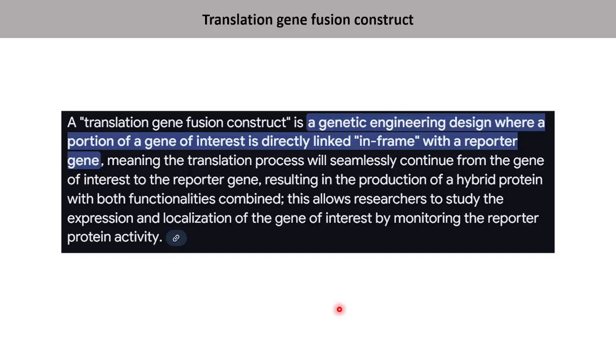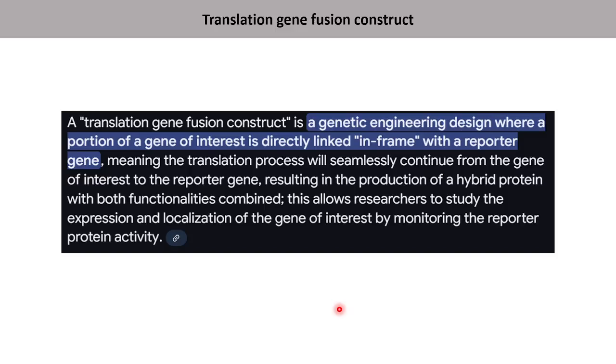That is why it is said that the translational process will seamlessly continue from the gene of interest to the reporter gene, and result in the production of a hybrid protein or fusion protein with both functions combined. That means that particular protein will have our protein of interest as well as the function of the reporter protein. This allows us to study the expression and localization of the gene of interest by monitoring the reporter protein activity.